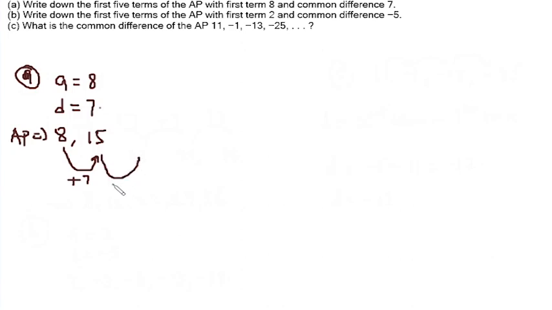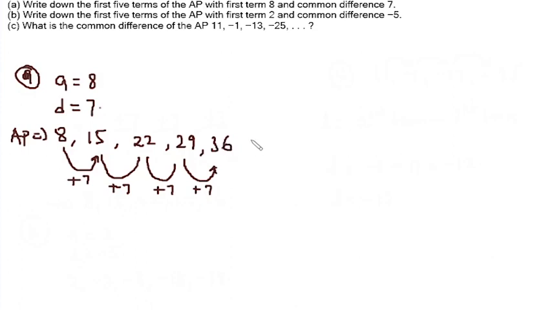So 15 plus 7, 22, and then for the next term we say 22 plus 7, which is 29, and then for the next term we say 29 plus 7, which is 36.